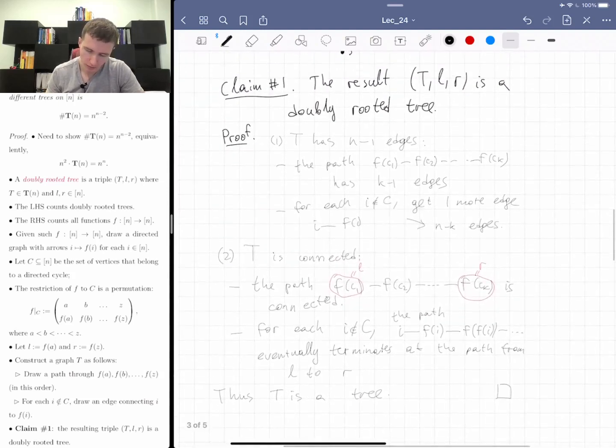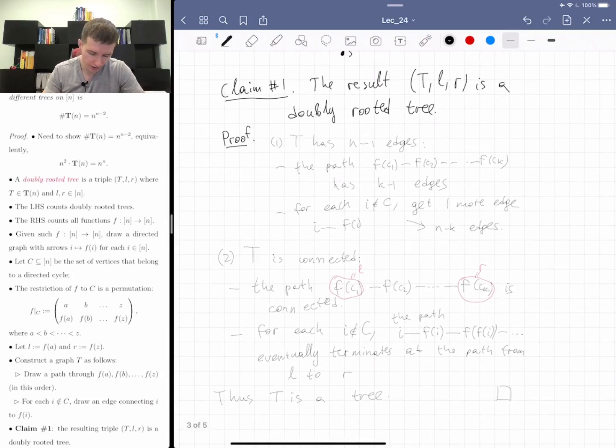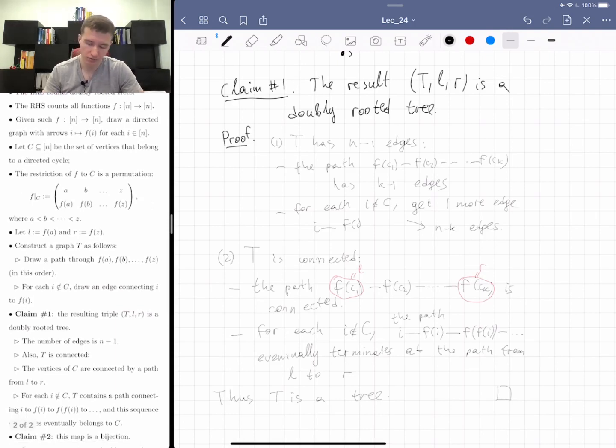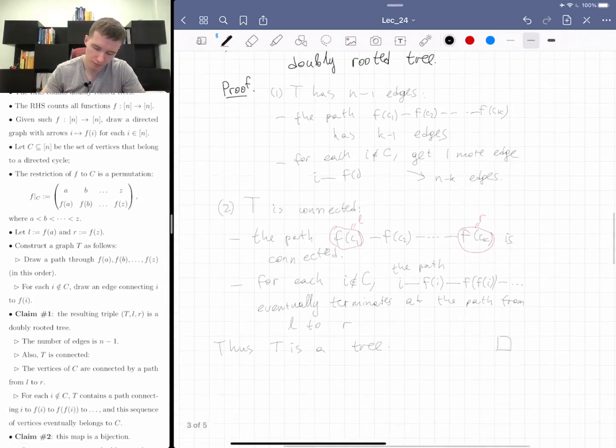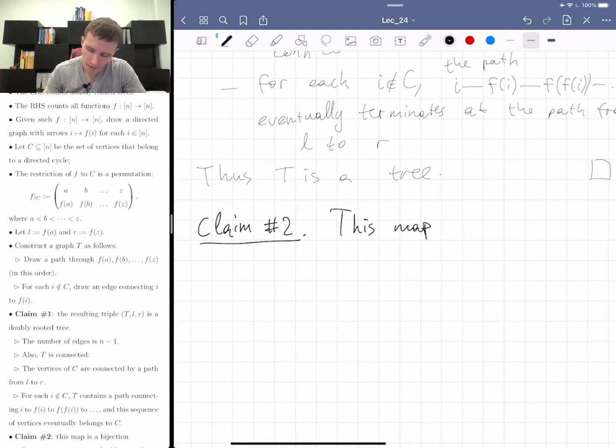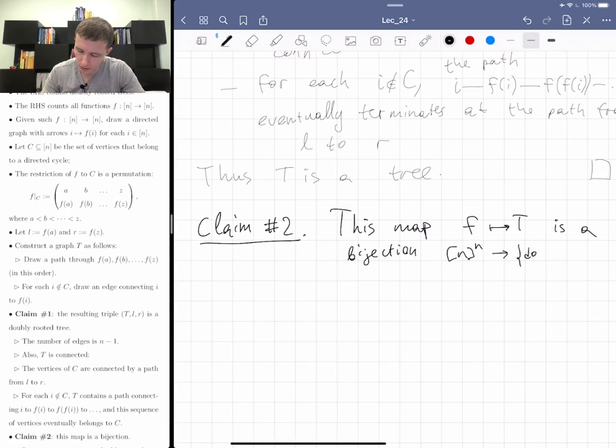Now I'm still not done because I have to show the second claim, which is that this is a bijection. Claim number 2 is that this map, f goes to T, is a bijection from bracket n to the n to the set of doubly rooted trees.